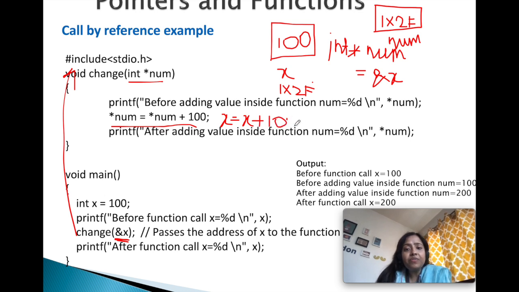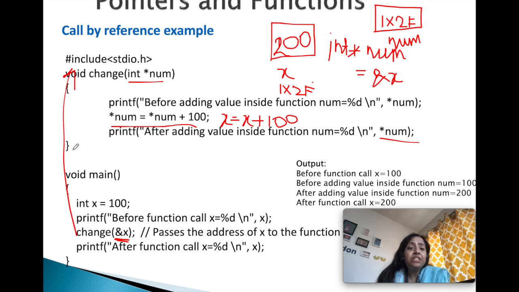The current value of x will be 200. Are we changing the original or actual variable x here? Yes, students, we are changing the actual variable x here. Now after adding the value inside the function, what is the value of *num? As soon as we do *num, again it prints the value of x, that is 200.